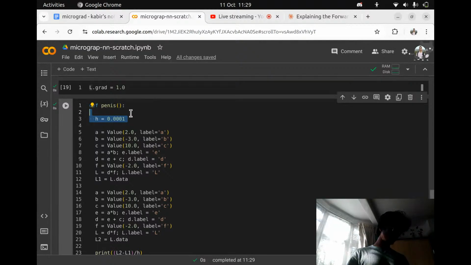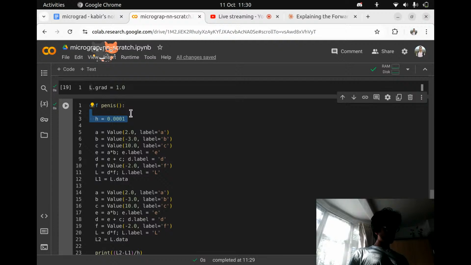We go to the definition of the derivative, which is f of x plus h minus f of x divide h, as a limit, limit of h goes to 0 of this kind of expression.